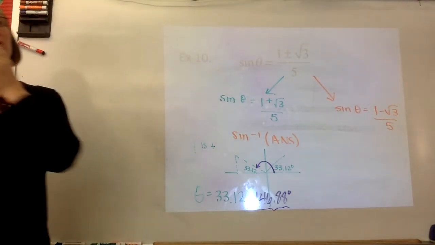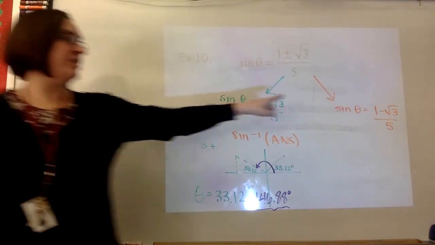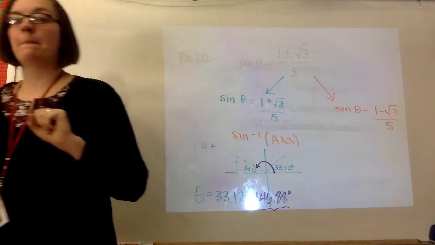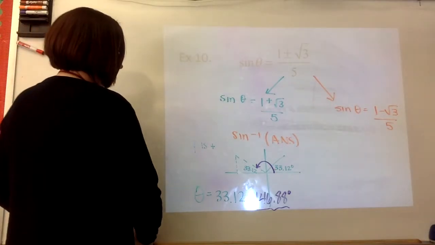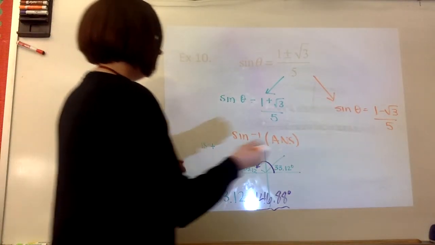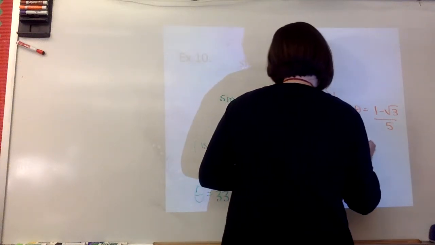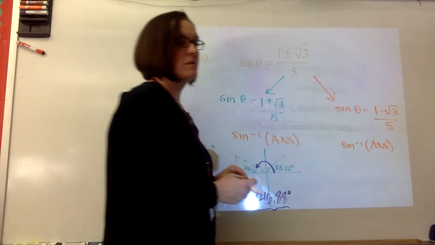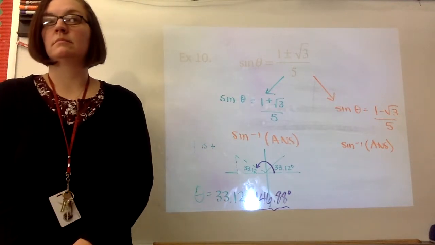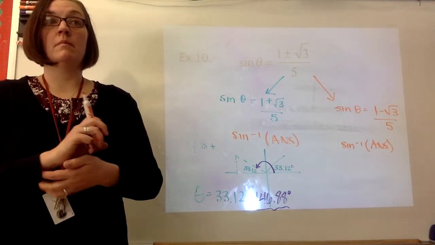All right, so now let's put in the second one. Tell me what the theta is here in orange. Put it in your calculator. Tell me what the initial theta is. Did the calculator tell you negative 8?